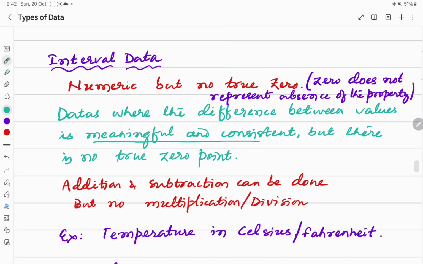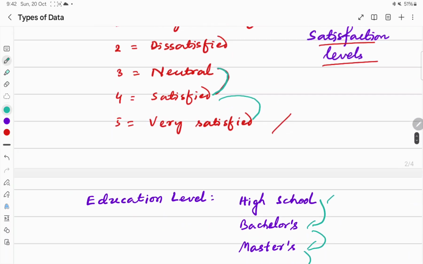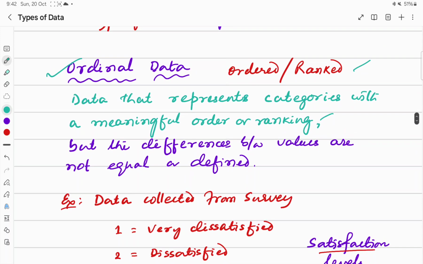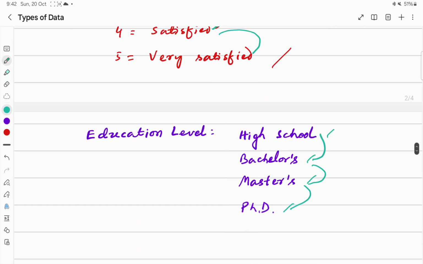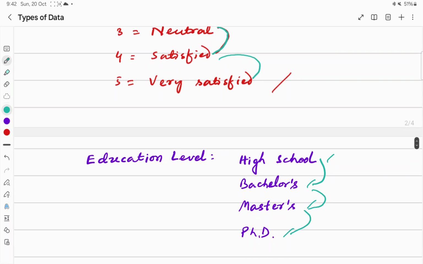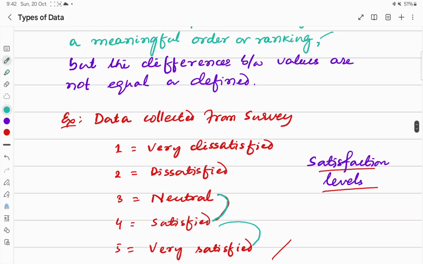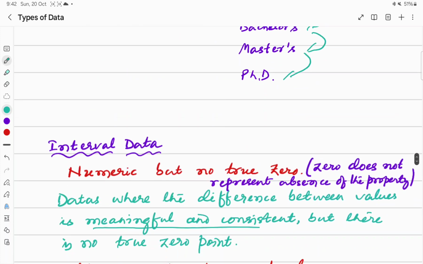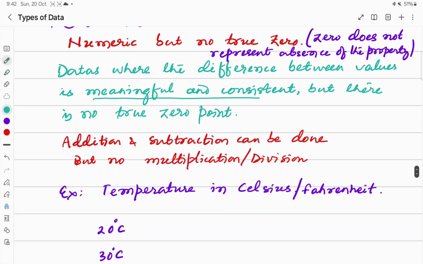That means the difference between ordinal and interval is, in ordinal we cannot say that the difference between values are equal, but here we can say the difference between values are equal.